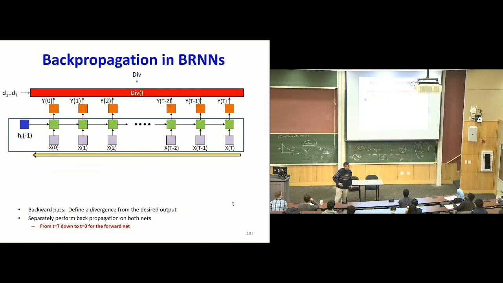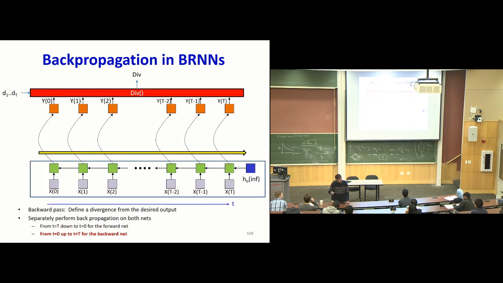And then you ignore the backward network and perform backpropagation through time to compute the derivatives for the forward network and update its parameters. Then you ignore the forward network and you compute backpropagation. Actually, it should be forward propagation through time at this point and update the parameters of the backward network. Okay? And you're done.